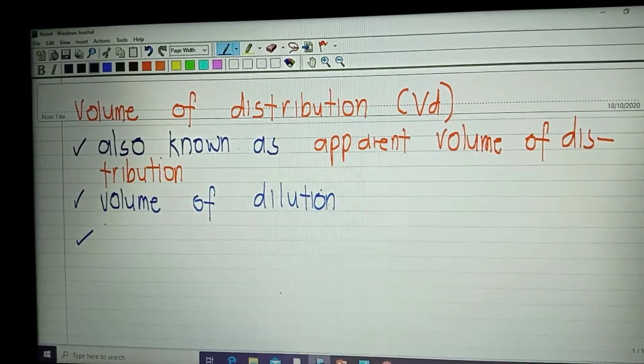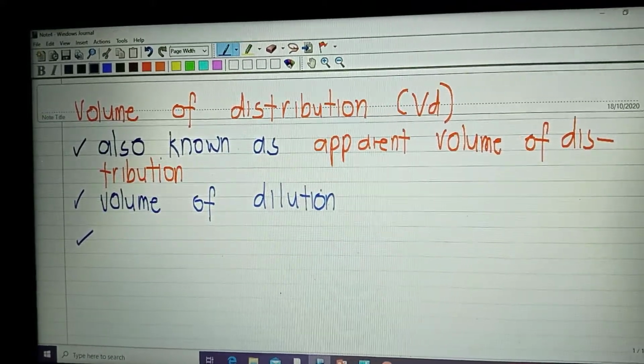Its definition: what is a volume of distribution, or your VD?